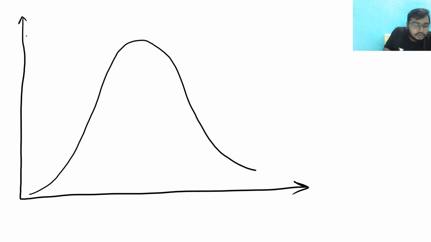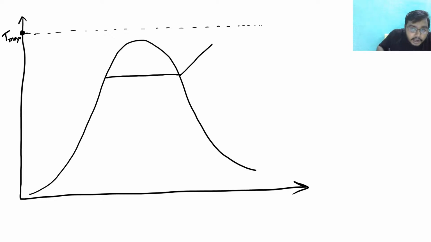See here. I know that my maximum temperature, T max, is fixed. As well as I also know that suppose this is the boiler pressure, and that is fixed.